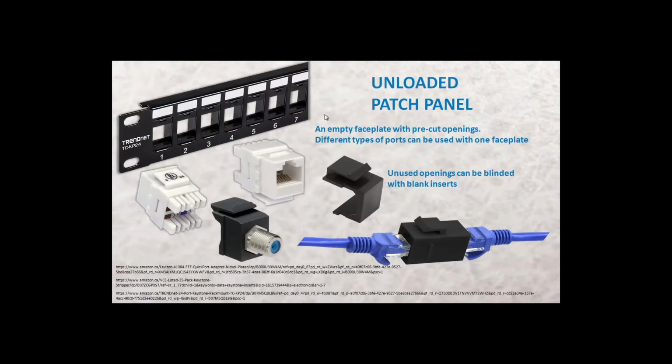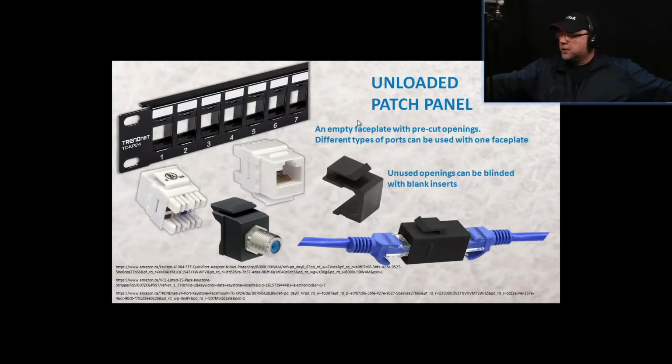Right here. And an unloaded patch panel is an empty faceplate with pre-cut openings that lets us put different types of ports. What they write here: different types of ports can be used with one faceplate.